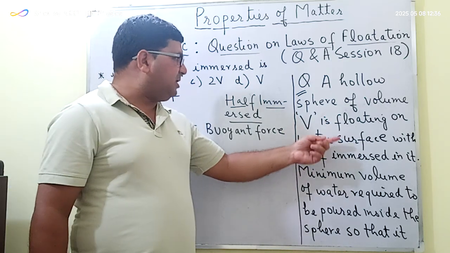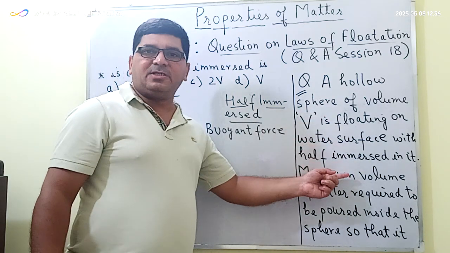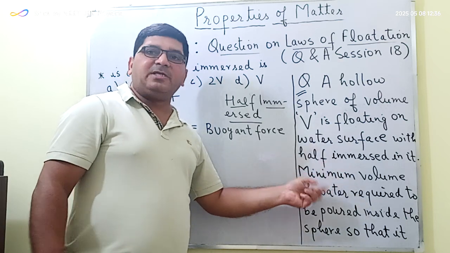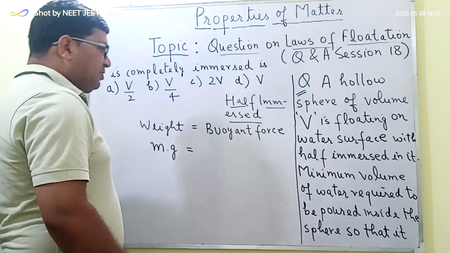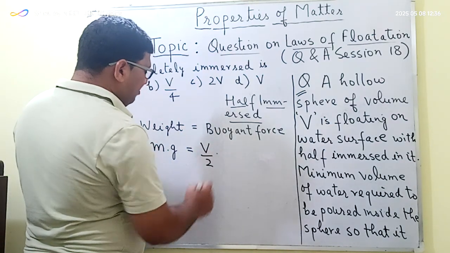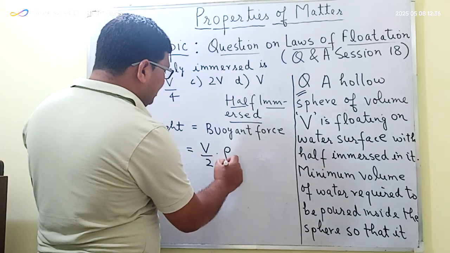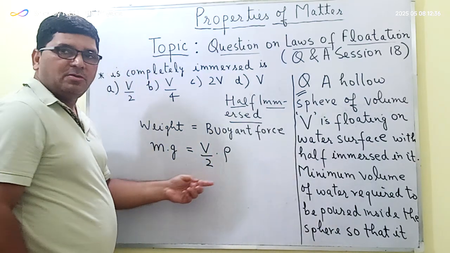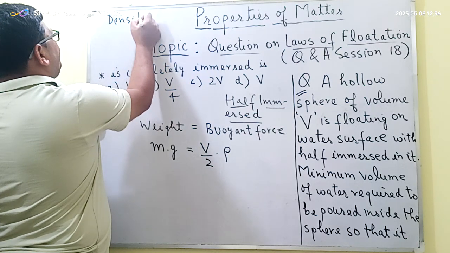Since the sphere is half immersed, the volume of the liquid displaced will be V by 2. The weight of the liquid displaced is the volume displaced multiplied by the density of the liquid. Let us say the density of water is rho.